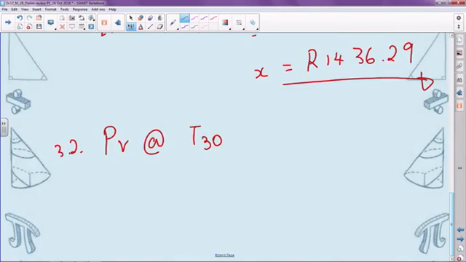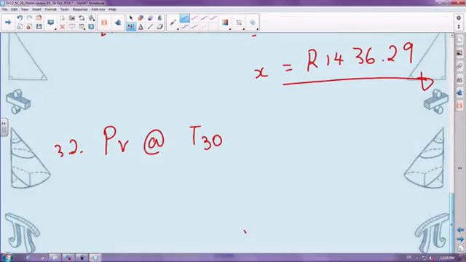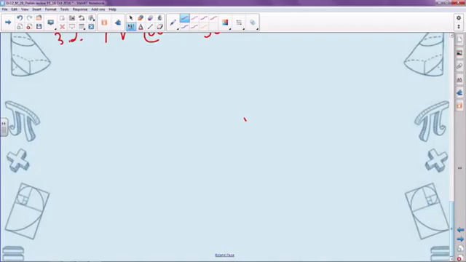So just using your present value formula, we're going to substitute. Remember, we've already worked out that our monthly payment was 1,436 Rand and 29 cents.